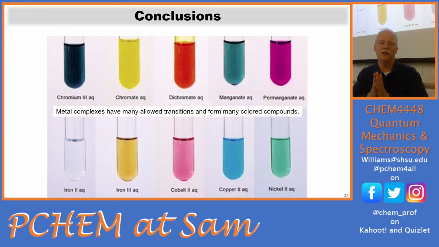So all of these, in fact, that's one of the tests for some of these, is to put them in solution, dissolve them in acid, and see what the color is. And then you might reduce it and see what the color of the reduced ion is, and you can determine what metal you have, or at least get a feel for what it might be. If it's yellow, it might be iron or it might be chromate.